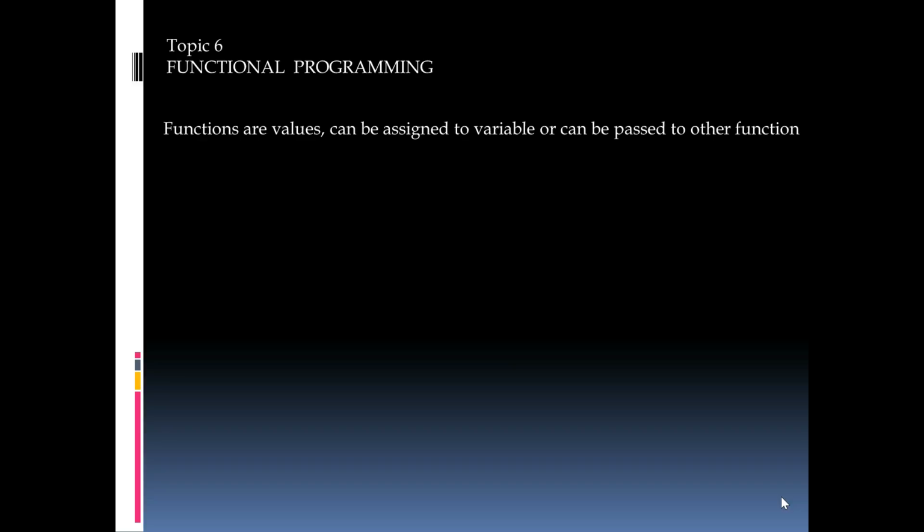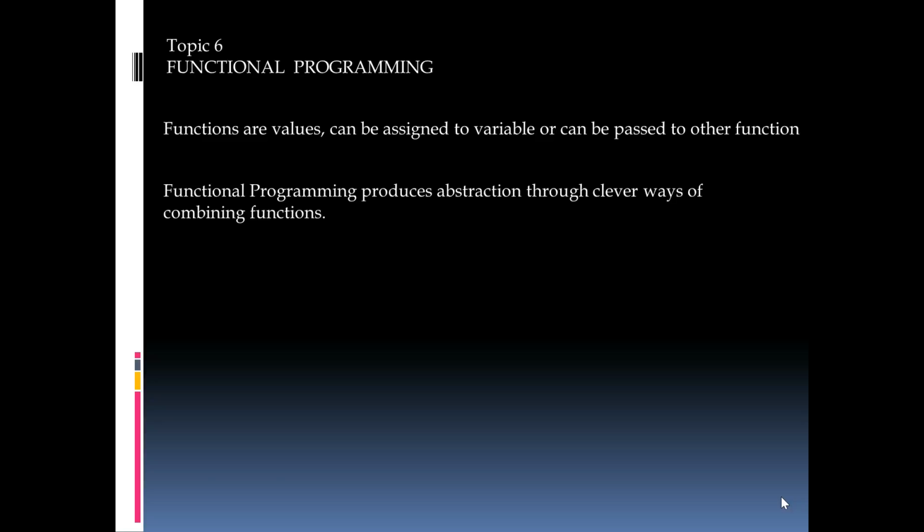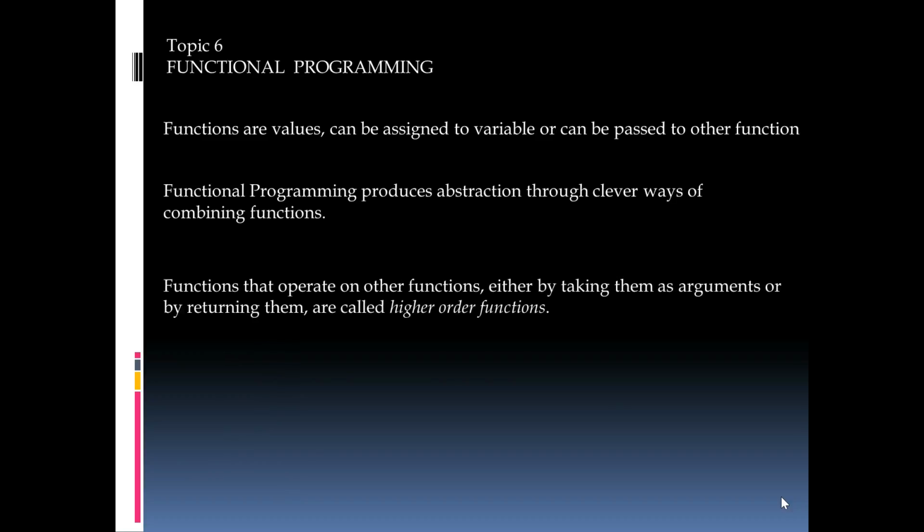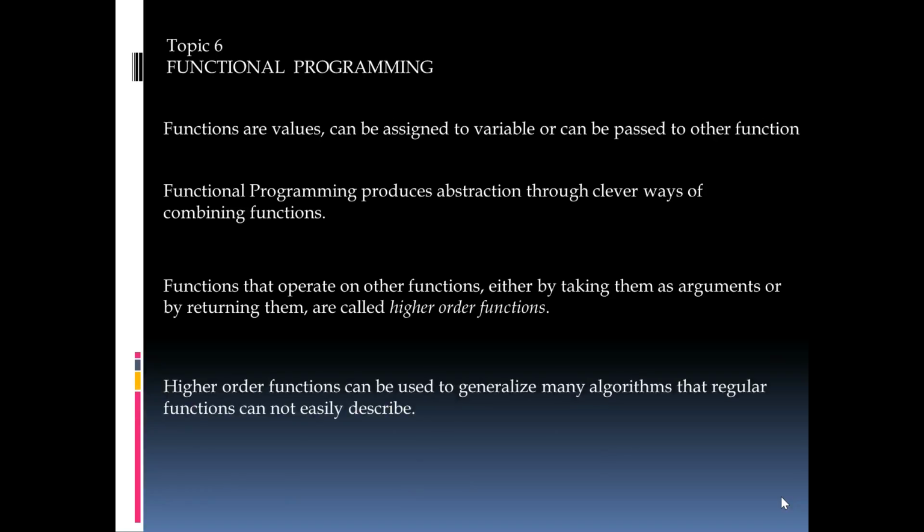So here we'll use them for functional programming, which produces abstractions through clever ways of combining functions. And these functions that operate on other functions, either by taking them as arguments or returning them, are called higher order functions. And these higher order functions can be used to generalize many algorithms that regular functions cannot easily describe.